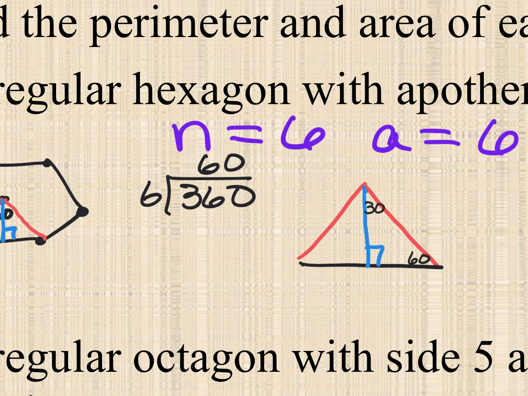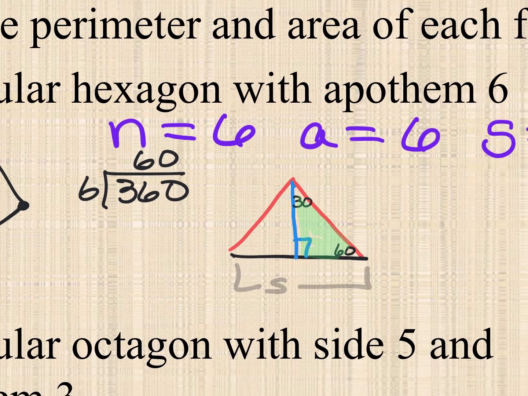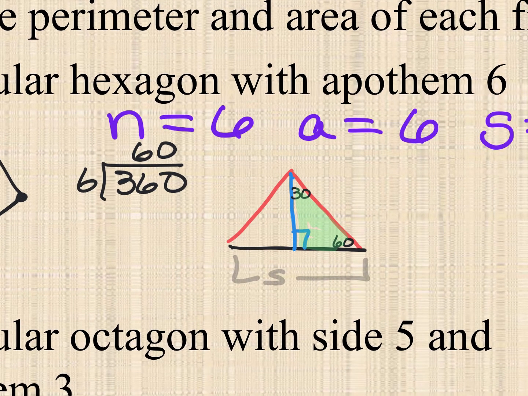I now have a special right triangle that I'm going to use to find the length of the side. The length of the side is this whole thing right here. But first I'm going to just focus on the right side of the triangle. So if I pull it out again, just so you can focus on it a little bit better.